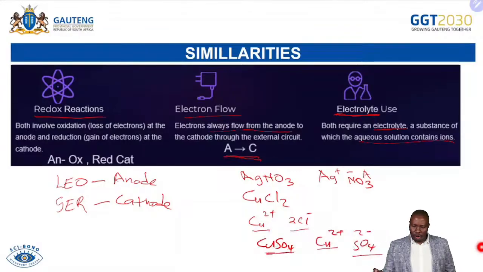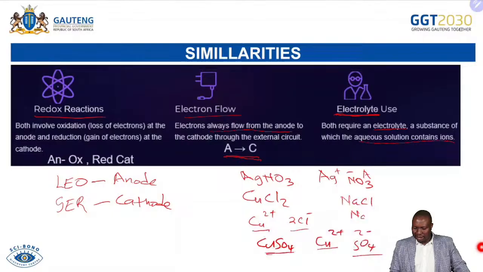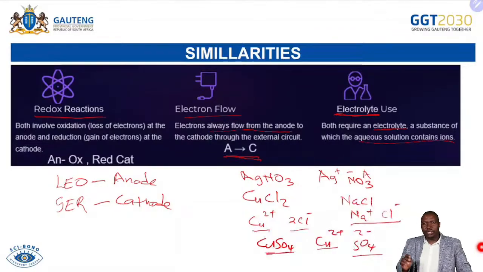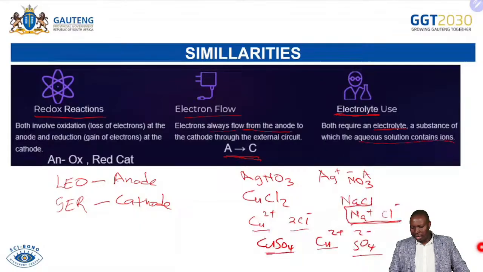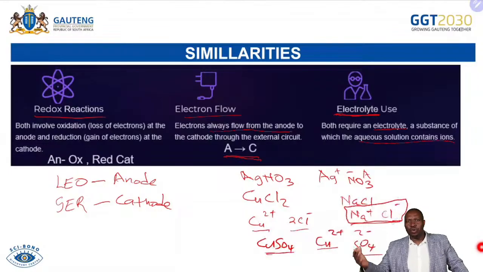These are common electrolytes that we use, and you will see them in questions like sodium chloride. You know that is Na+ and Cl-. But don't forget, we have water as well. Hence, when we're dealing with the electrolysis of sodium chloride, we said at the anode, chloride ions will form chlorine gas.